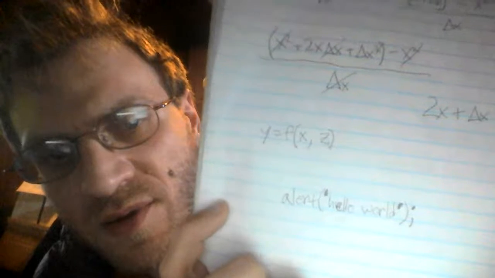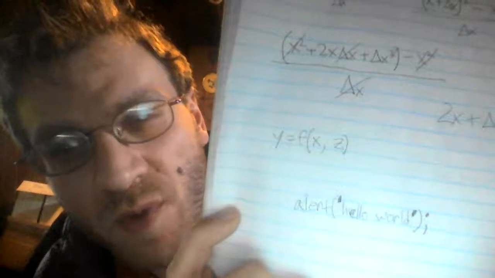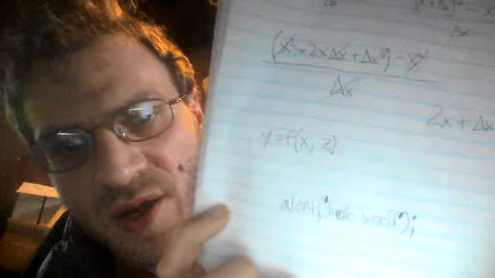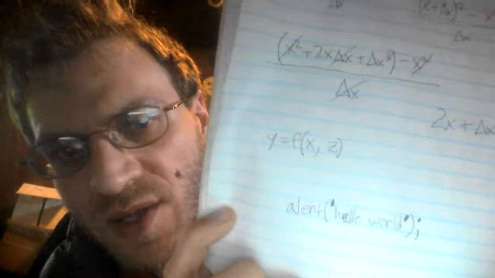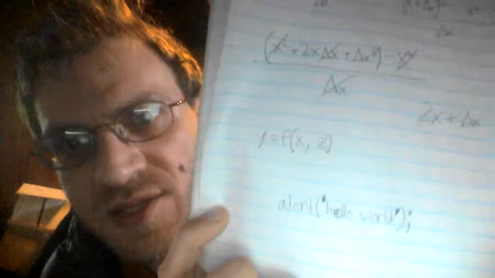So if you type all this in, I do suggest getting in the habit of putting a semicolon at the end of every statement. It's not really required, especially in JavaScript, but it's just a good habit to be in for languages with C syntax, and JavaScript happens to be one of them.